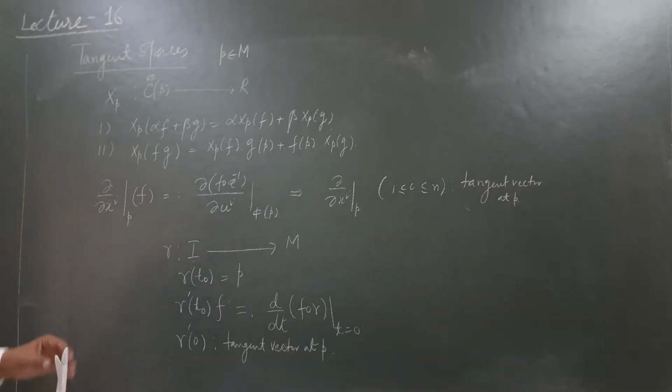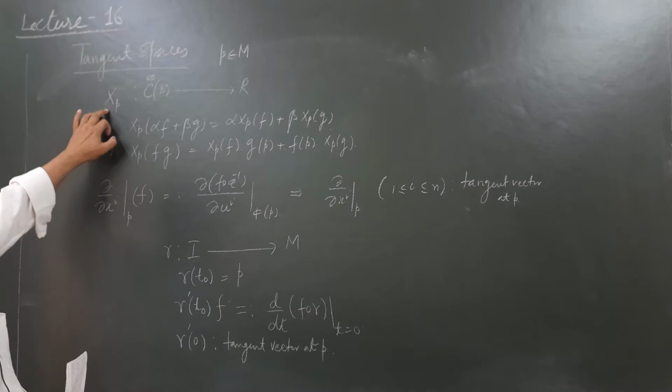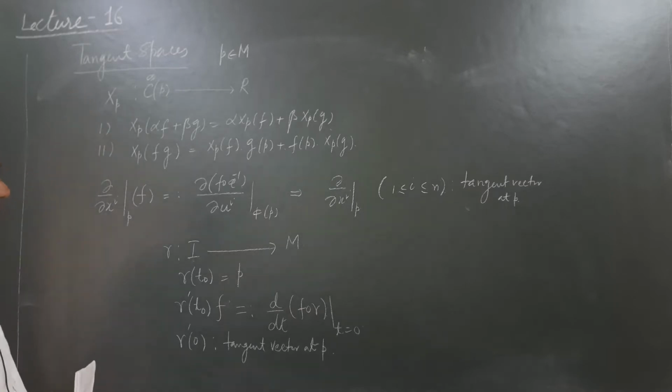We also realize that if we consider the set of all tangent vectors at a point P, it becomes a vector space under pointwise addition and scalar multiplication.